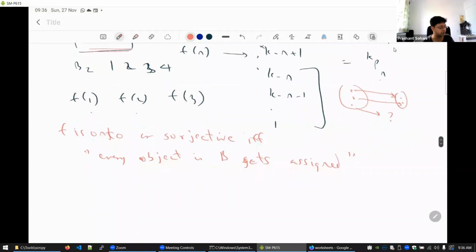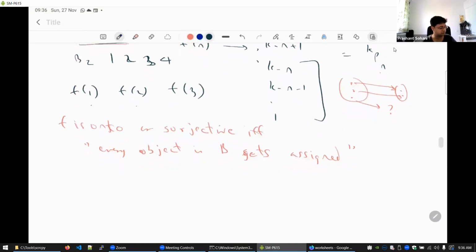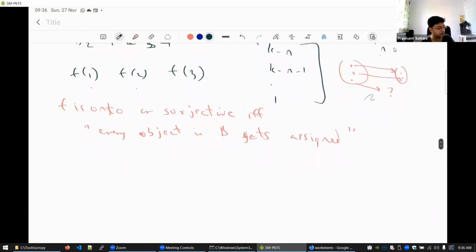In other words, every object in the right set, what we call the codomain, has to have some element of the first set mapped to it. There cannot be a case where some element of the right-hand side has no corresponding object from the first set.